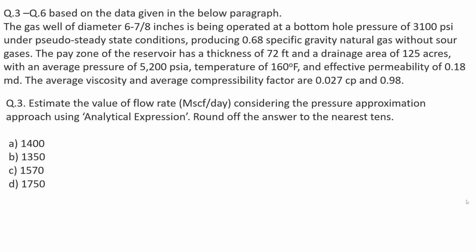The pay zone of the reservoir has a thickness of 72 feet and a drainage area of 125 acres. With an average pressure of 5200 psi, temperature of 160 degree Fahrenheit and effective permeability of 0.18 md, the average viscosity and average compressibility factor are given as 0.027 cp and 0.98.